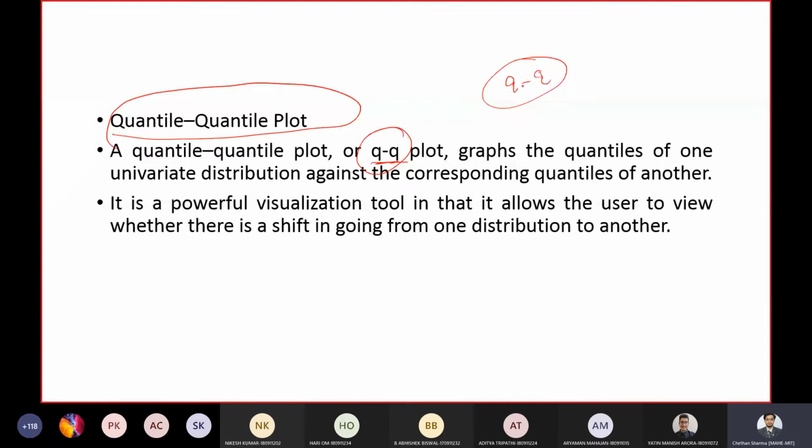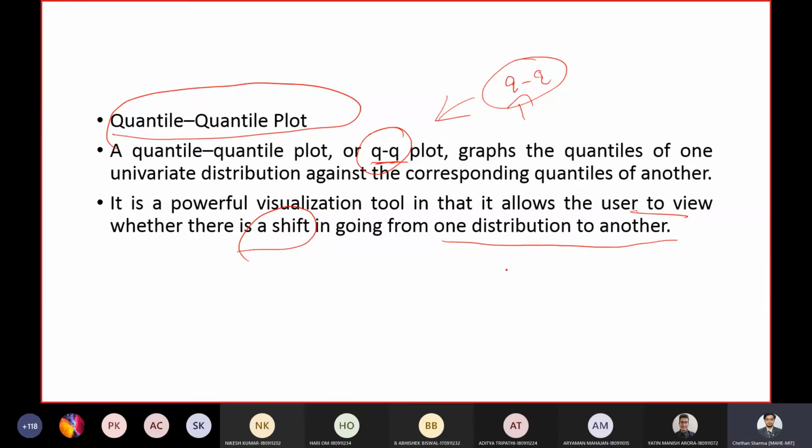So in a question paper or anywhere, if you find draw or generate a QQ plot for the given data, it's the plot we are discussing now. This particular plot usually allows the user to view whether there is a shift from one distribution to another. This is the main use of it.